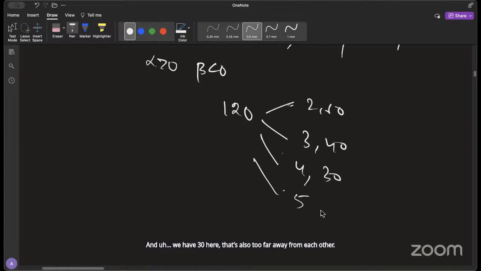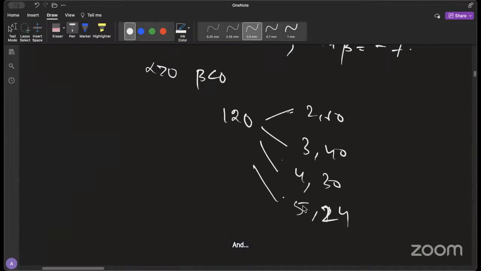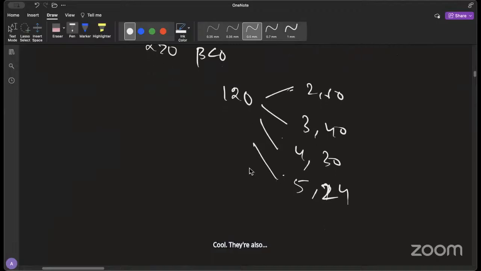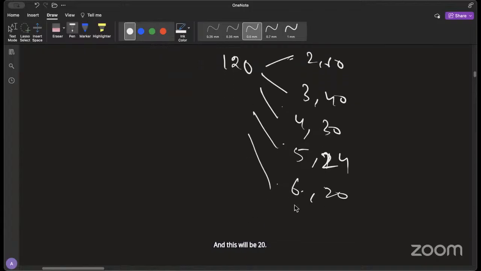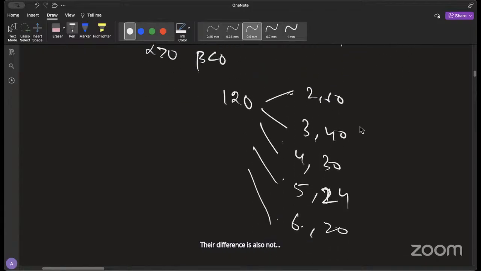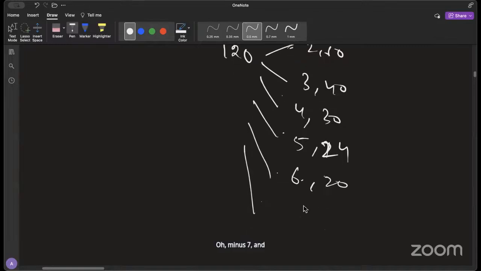Then 5 and 24, also the difference is not 7. Then you will have 6 and 20. Their difference is also not 7.